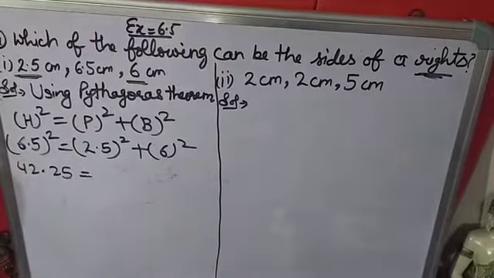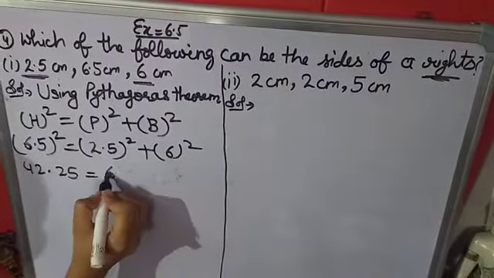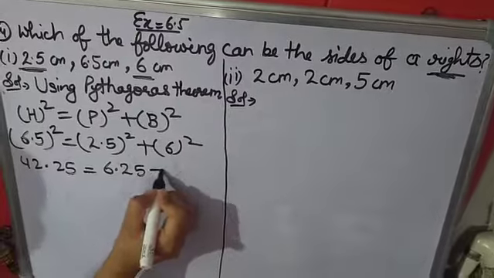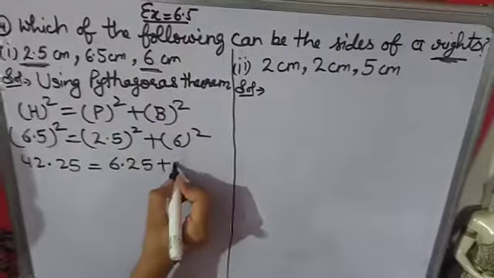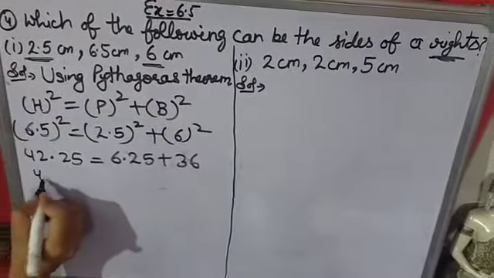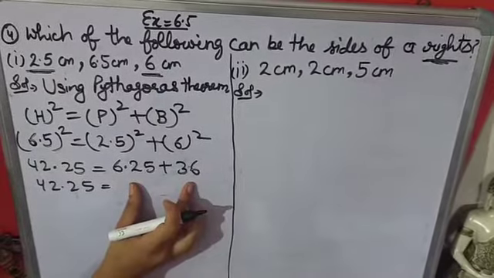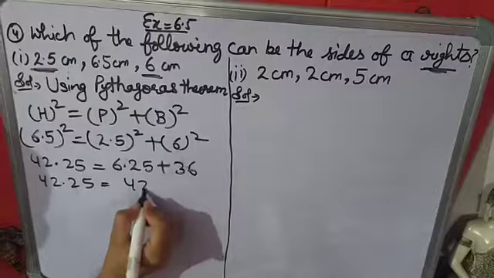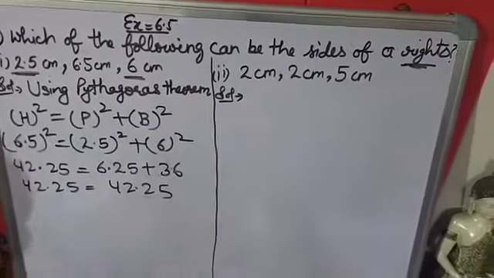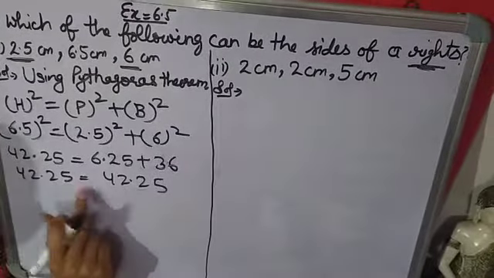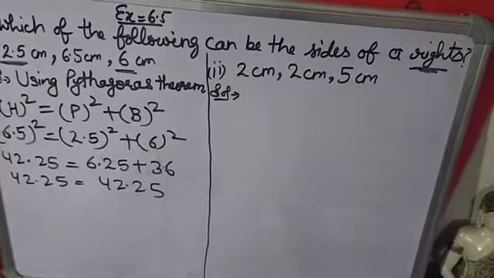Now 2.5 multiplied by 2.5 will be 6.25. 6 square, 6 6s are 36. Now we will add these two numbers, 6.25 and 36. When we add this, 42.25 will come. Now left hand side is equal to right hand side.